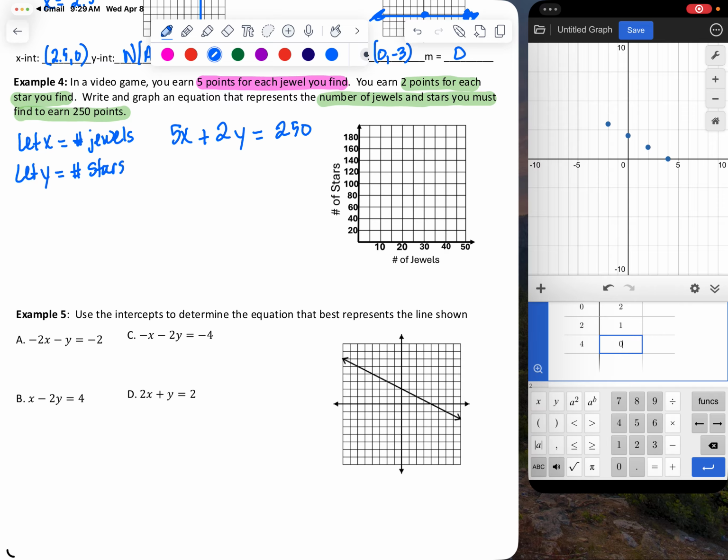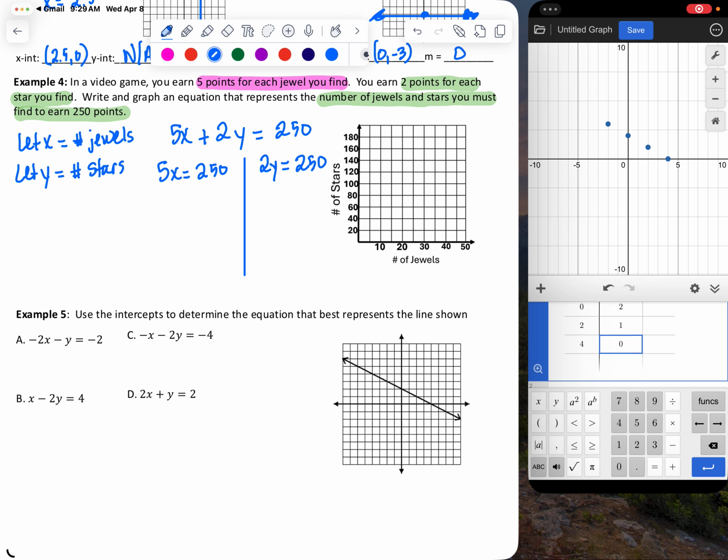So if I was wanting to plot this graph, because it's in standard form, the easiest way to plot this would be to find my x and y intercepts. So I'm going to find the x-intercept by taking the 5x and making it equal to 250. Then I'm going to find the y-intercept by taking 2y and letting it equal 250.